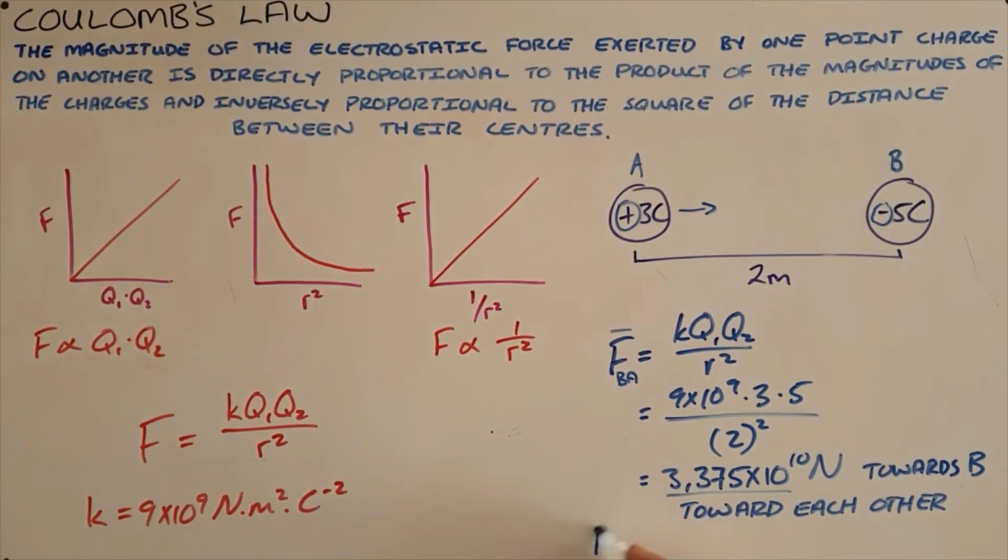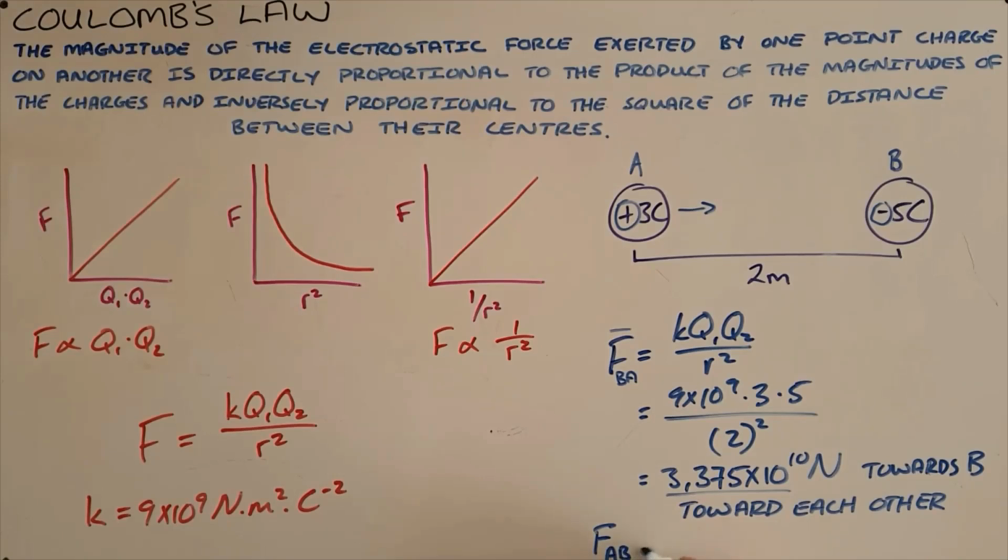And similarly, if asked to calculate the force that A exerts on B, it would be the same magnitude by Newton's third law, 3.375 times 10 to the 10 newtons, except that now that force would be towards A. So it's important to pay attention to how the question is asked.